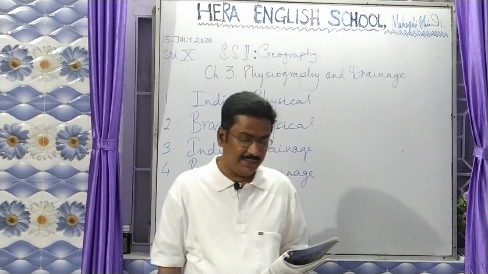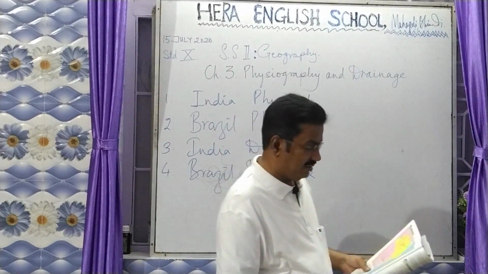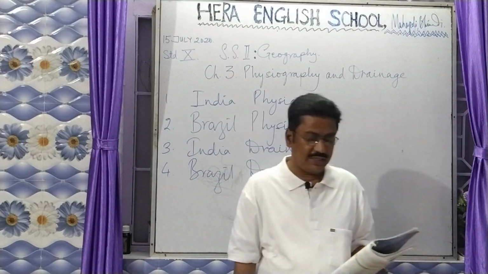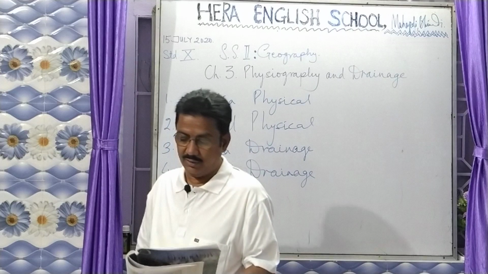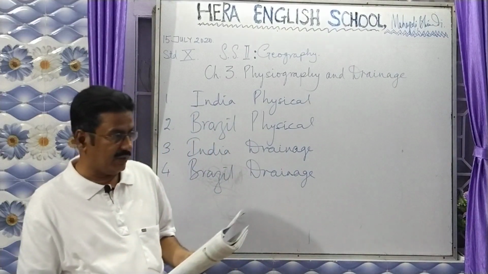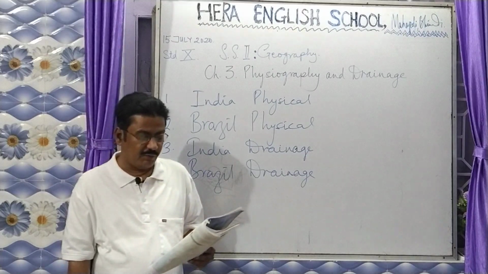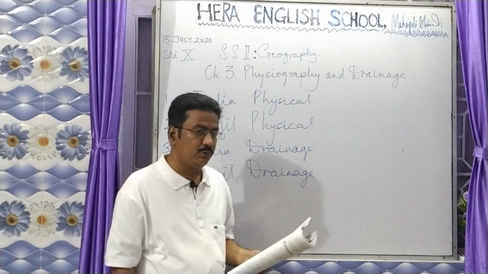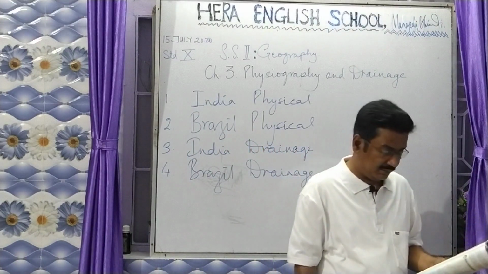You will find Itapecuru River and Paranaíba River. São Francisco, if you check out this river, it starts from the southern part of Brazil. If you look at it very carefully, the river São Francisco starts from the southern part, moves right up towards the north, and takes a very sharp eastward turn.